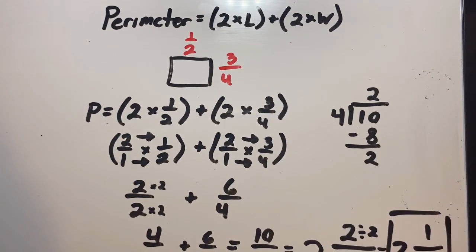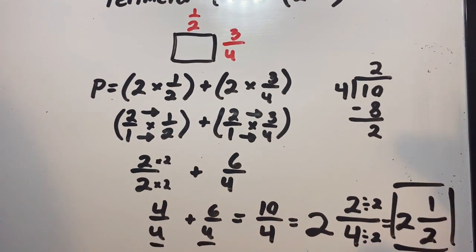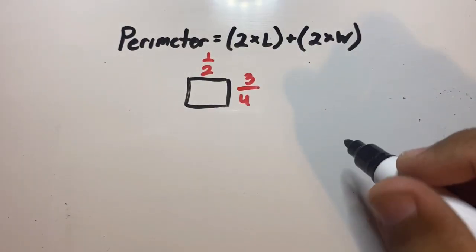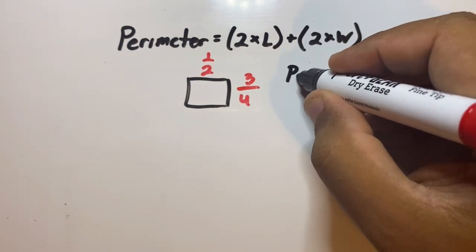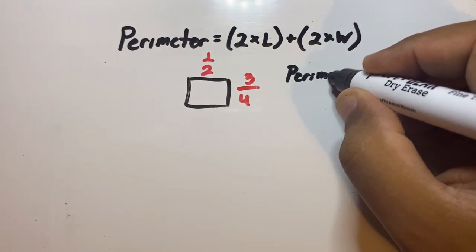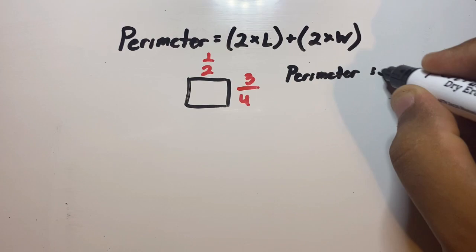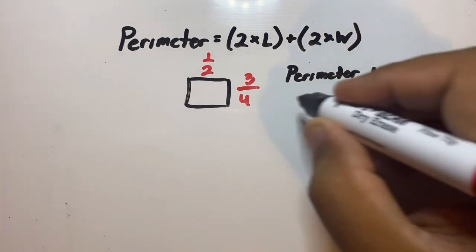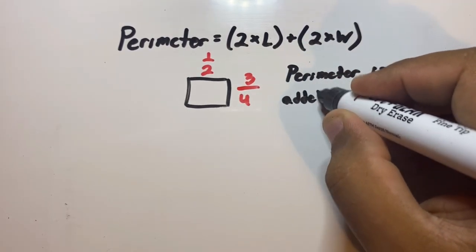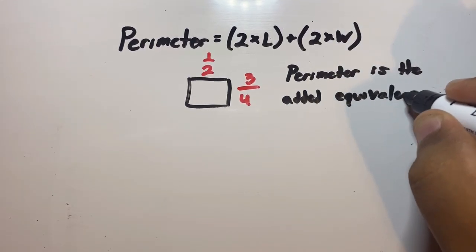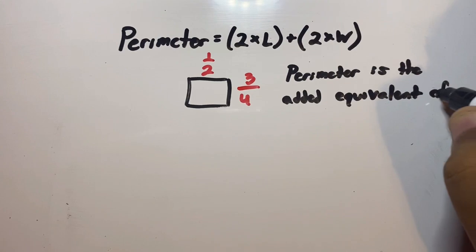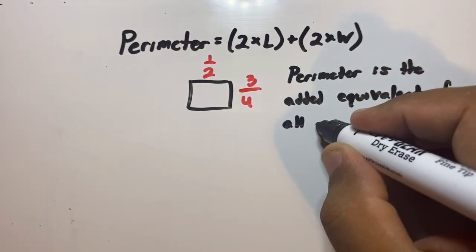Now, there's also another way you can do this, which I believe is slightly faster. You can also do the perimeter is the added equivalent of all sides.